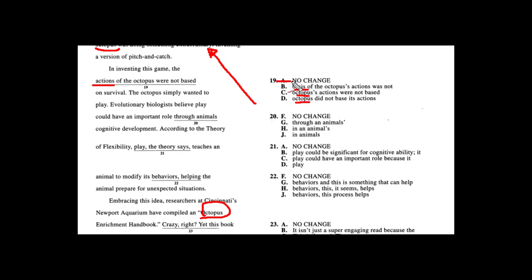Candy list rule says the most important thing will come first. That tells you A and B are going to be out right away. Then you just look over here, it's C and D, and now you just read them and see which one sounds a little bit better. Here, this makes the most sense. Answer choice D, using your ears. It's actions. It's referring back to the octopus, and the octopus owns its own actions. ITS, it's animal or an object, singular with possession, 19D.